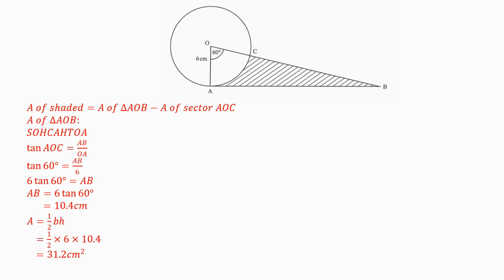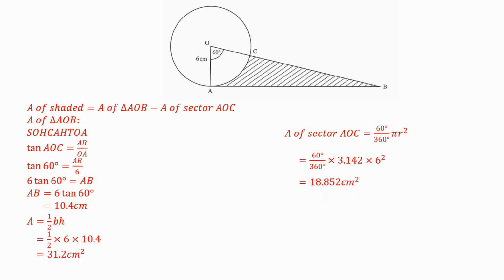Then we go back to calculating the area of sector AOC, and it will be the ratio of the subtended angle over 360 times pi r squared, and the subtended angle is 60 degrees. So we have 60 degrees over 360 degrees times pi, which I've used as 3.142, times 6 squared. Compute this with your calculator, you find 18.852 square centimeters.